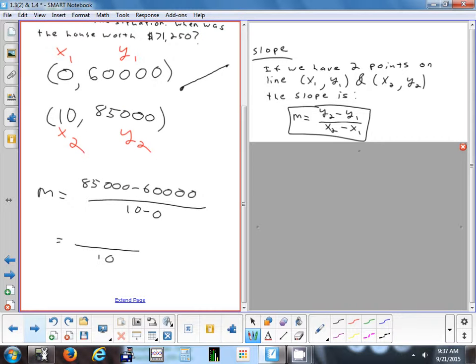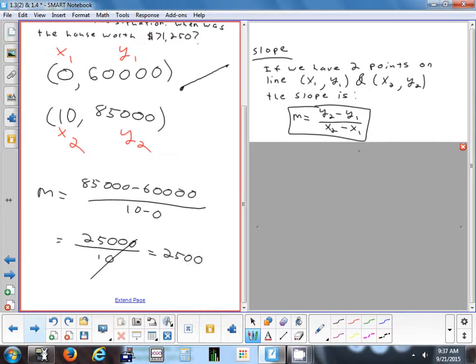Okay, so on the bottom I get just 10. And what's 85,000 minus 60,000? 25 what? 25,000. Yep, 25,000. Can divide by 10. So I get a slope of 2,500.